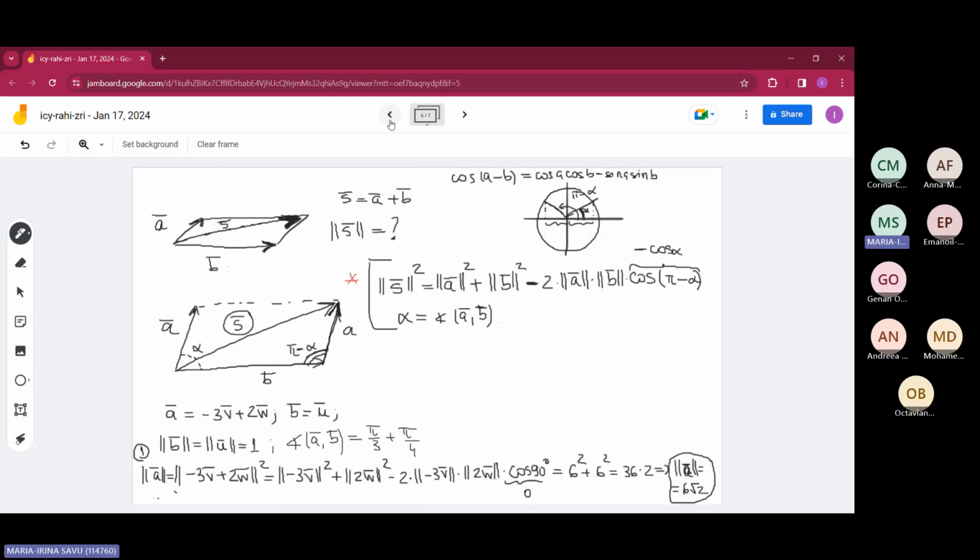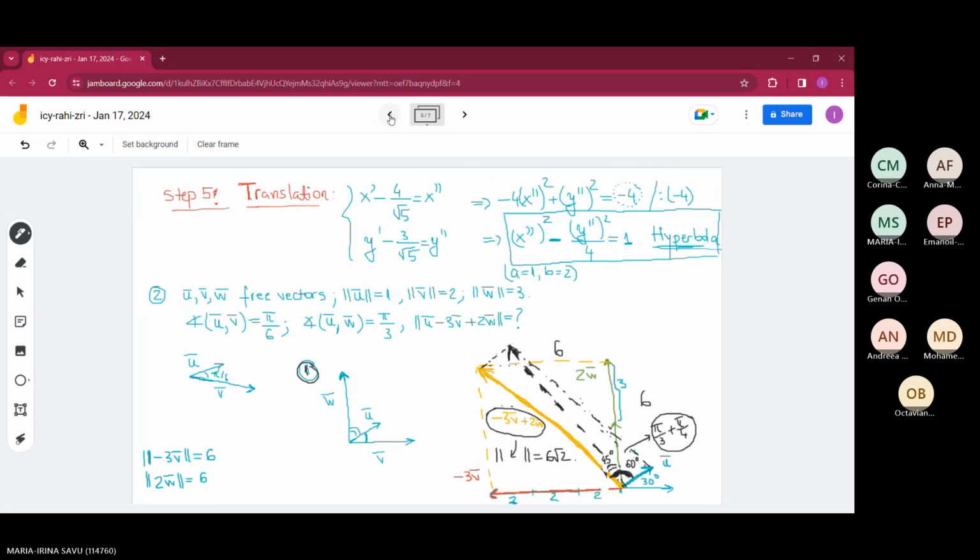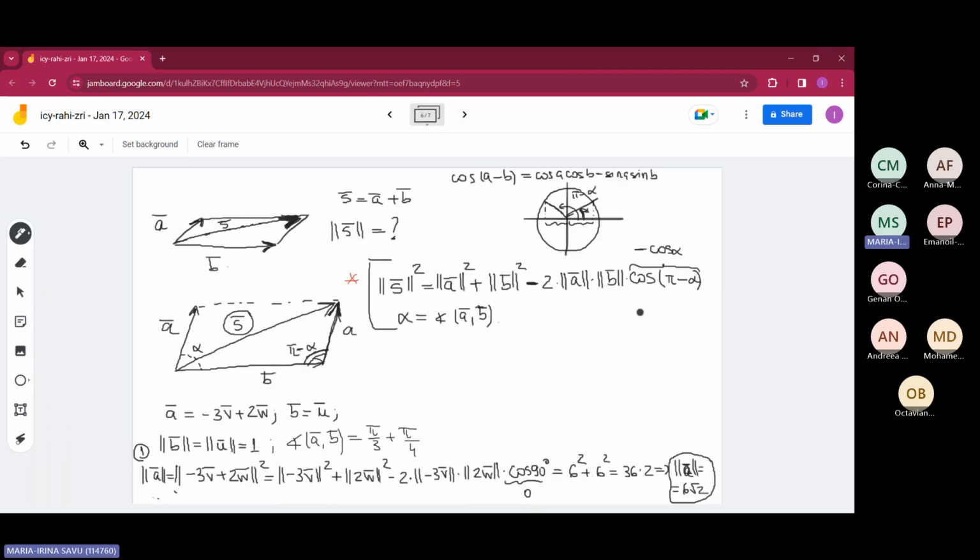So let's take. No, alpha is this one. So the formula has this form, right?